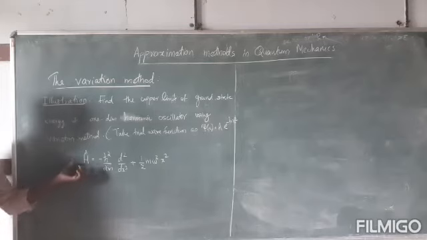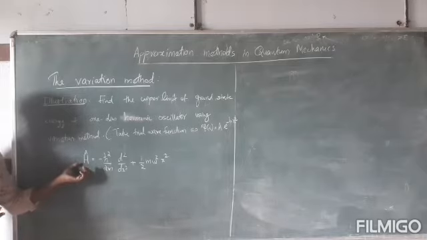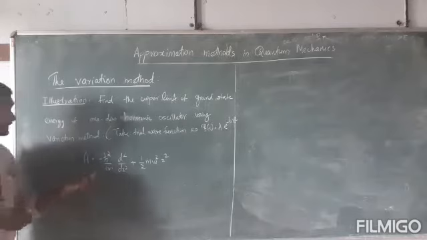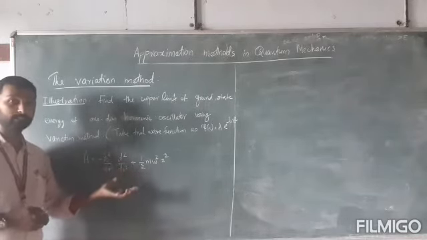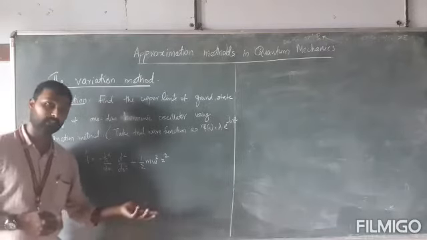Now we have to find the upper bound of the ground state energy of this Hamiltonian, and actually we solved it earlier and exactly solved the energy eigenstates of this harmonic oscillator problem. That is why we have picked this example: if you use the variation method, is it possible to get the exact result or not?